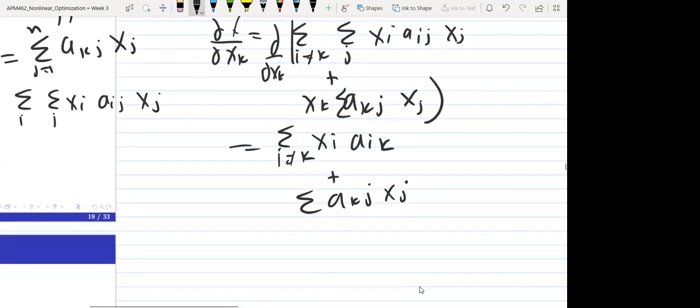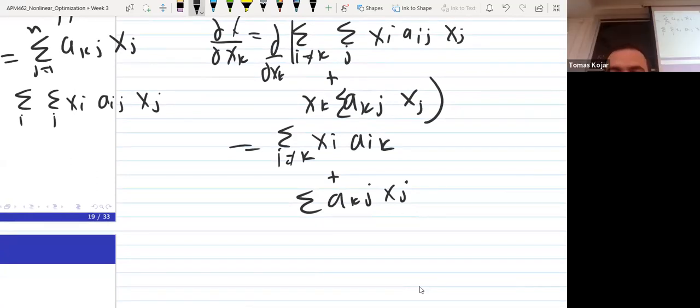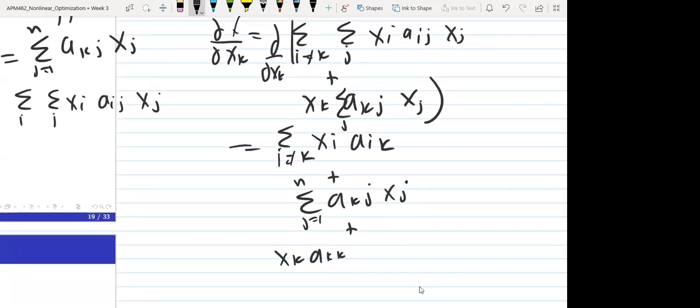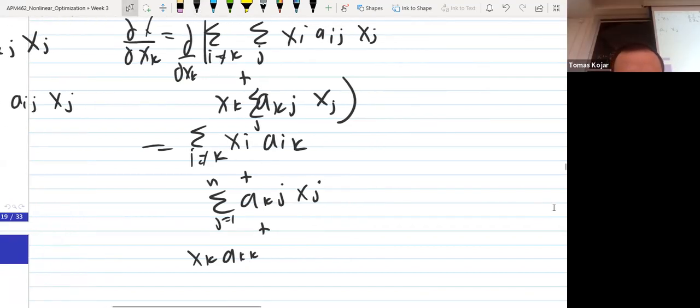So then, wait, I have to split it further. So you see, this is hard stuff. So this is j from 1 to n plus x_k, A_kk, like this. Is that okay now? Yeah. All right. Now let's bring it together.